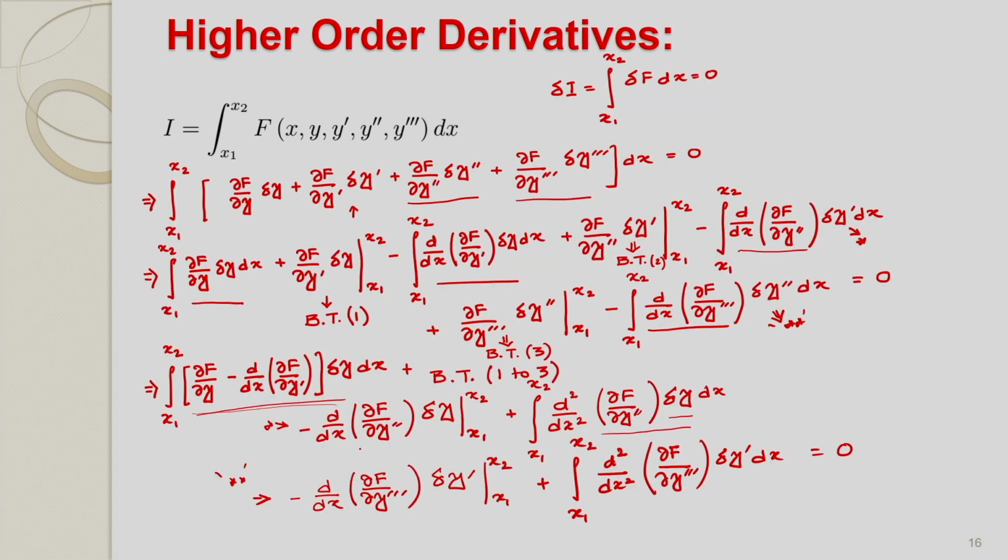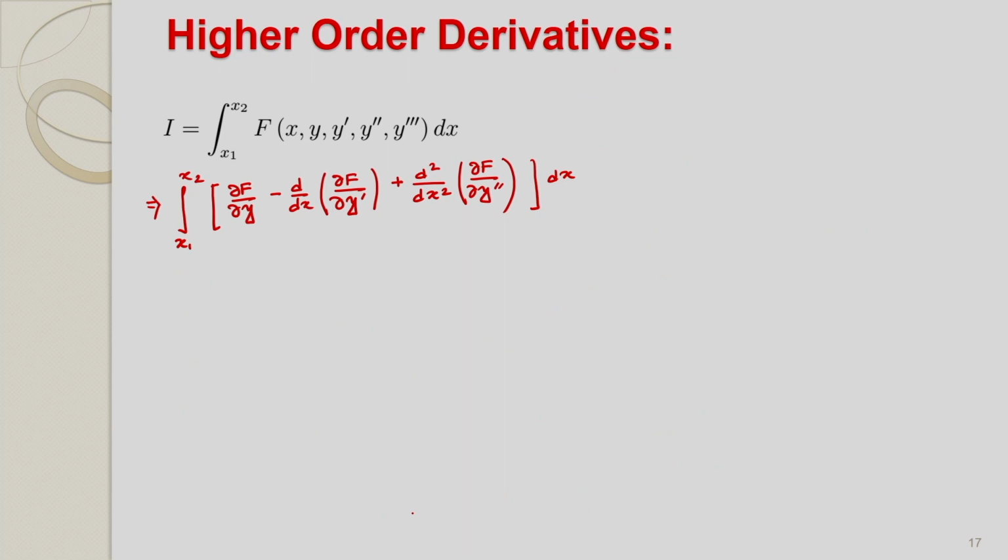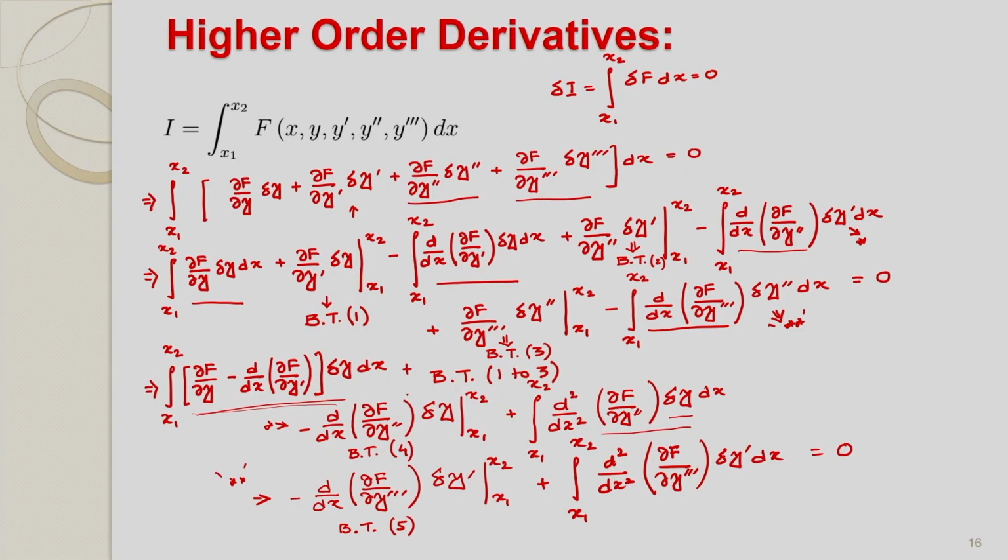So, we now have boundary term 4 and boundary term 5. So, we have in total boundary terms 1 to 5. We will take care of them at the end. Now, all boundary terms and these two domain terms we have written.